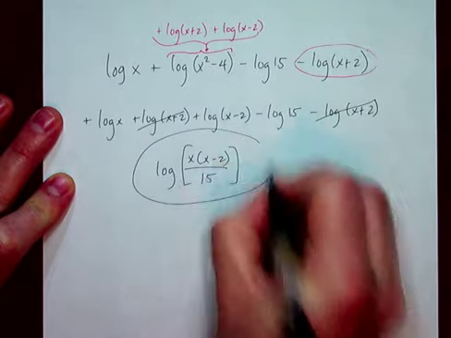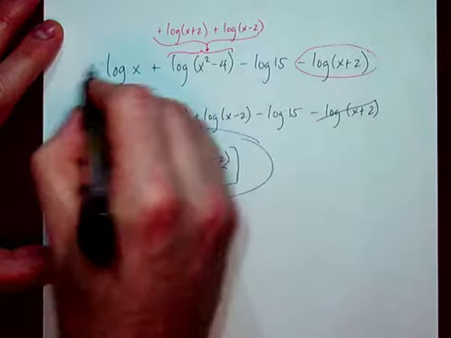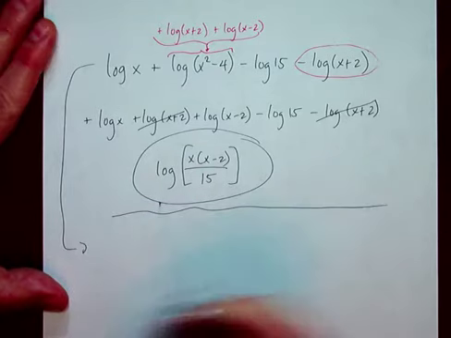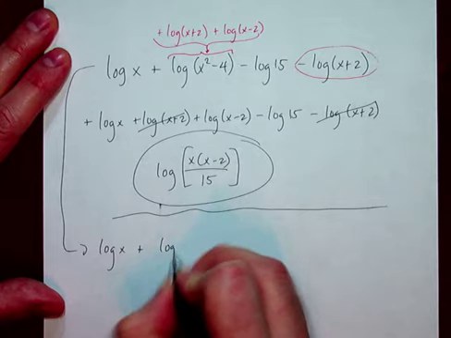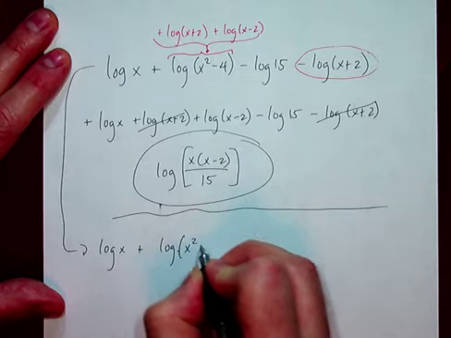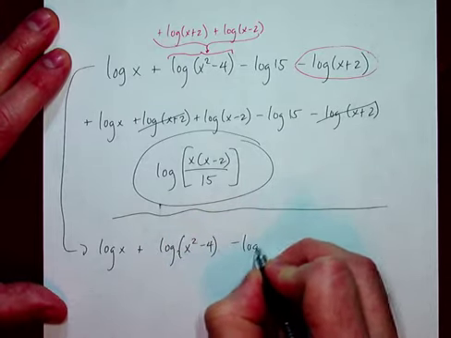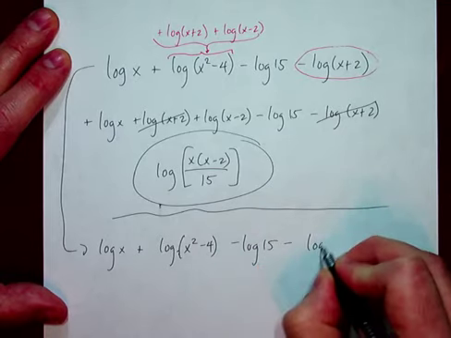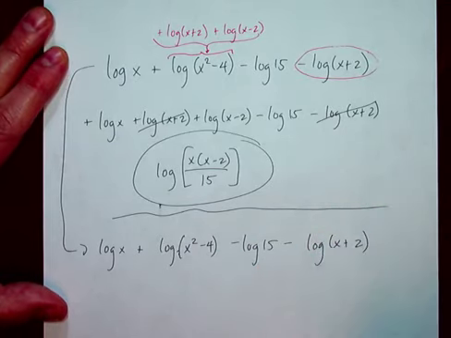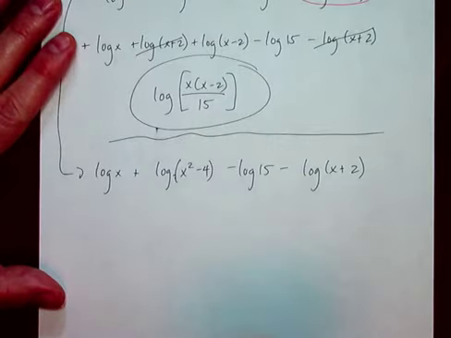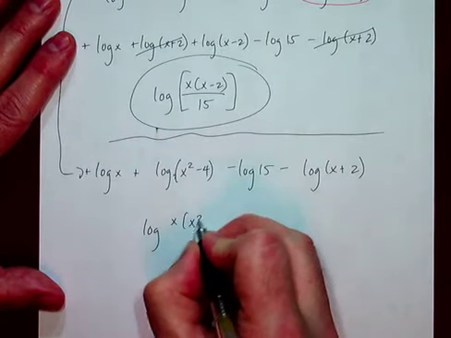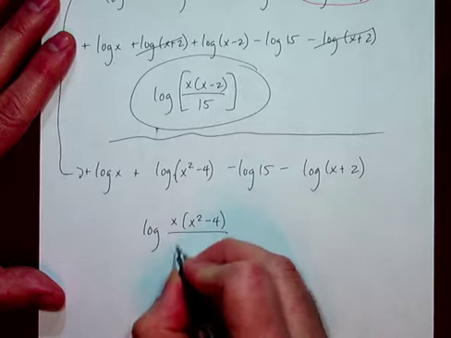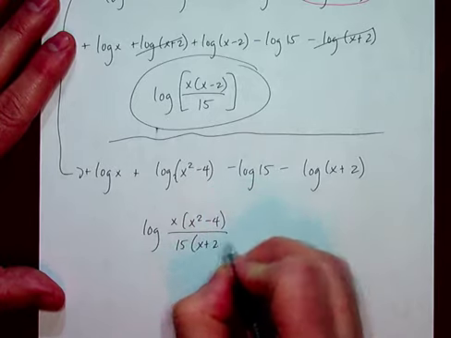Okay, so for here, this winds up being log of x minus 2, all of that over 15, and that is my answer. Now, if I hadn't recognized this, I could have just started from here, minus log of 15 minus log of x plus 2. So I'll show you what I mean by they would have just canceled as factors. So you get log of x and x squared minus 4 over 15 and x plus 2.